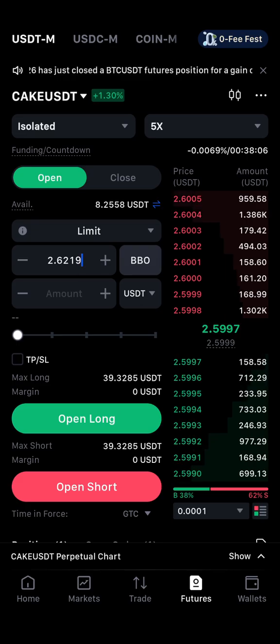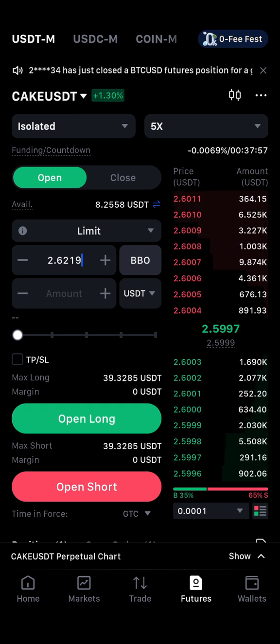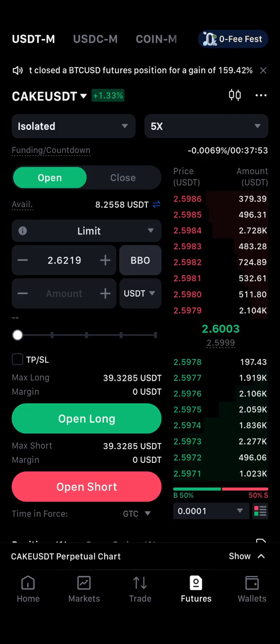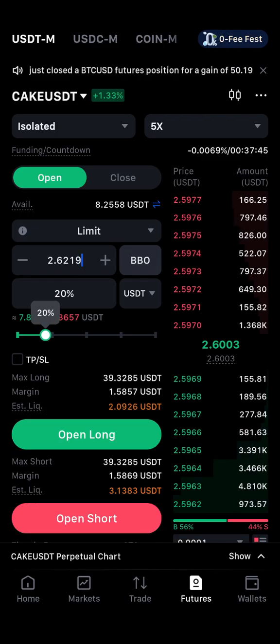When you enter it, the next thing to do is, because you are in 5x, you decide on how much you want to use to enter the trade, out of the total amount of money that you have. So how do you go about it? You slide this. You can choose to go with 20% of your portfolio.